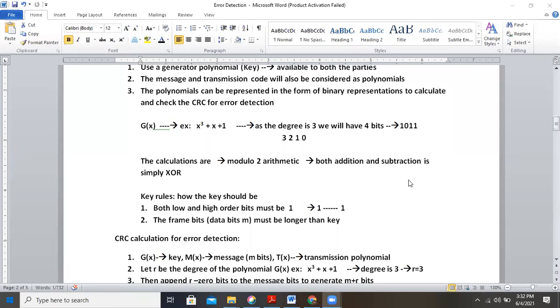We have to choose the key in such a way that the message bits are longer than the key bits. So you should have a shorter key than the message. These two rules must be followed: first and last bit should be 1, and the message should be longer than the key.